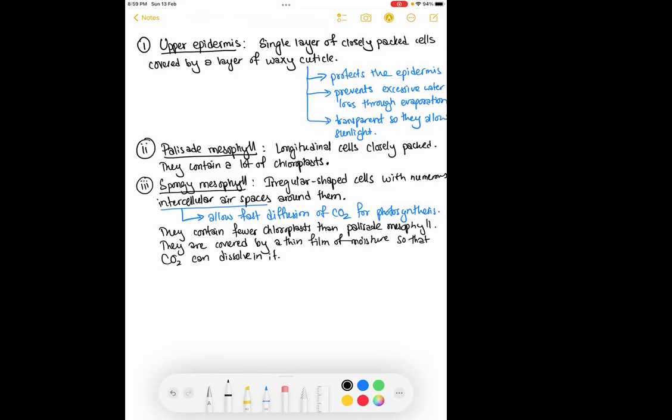Within the mesophyll layers, there are vascular bundles, which contain xylem and phloem tissue. Now, what do they do? Let me mention xylem and phloem.